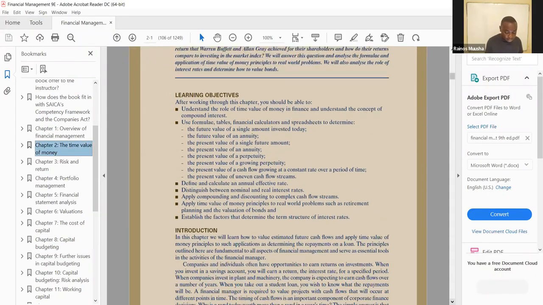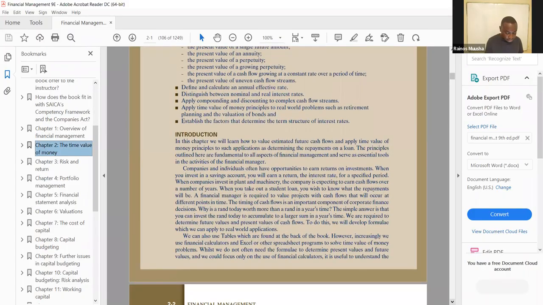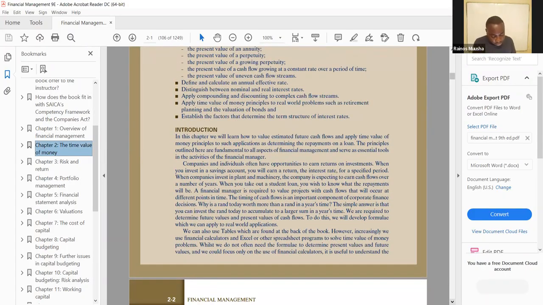So looking at time value of money, they say under the introduction: in this chapter, we will learn how to value estimated future cash flows and apply time value of money principles to such applications as determining the repayments on a loan. The principles outlined here are fundamental to all aspects of financial management and serve as essential tools in the activities of the financial manager.